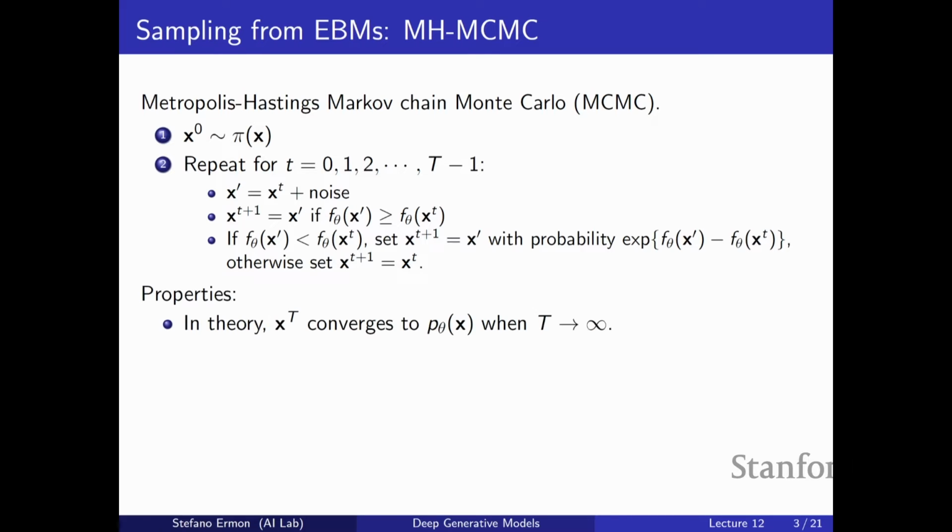The reason is that, in theory at least, under some mild conditions on how you add noise, if you were to repeat this procedure for a sufficiently large number of steps, what you get converges to a sample from the true energy-based model.